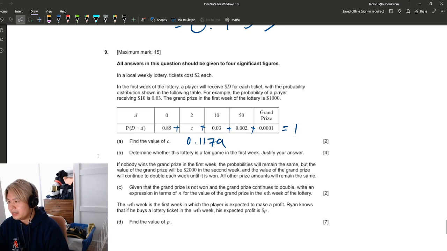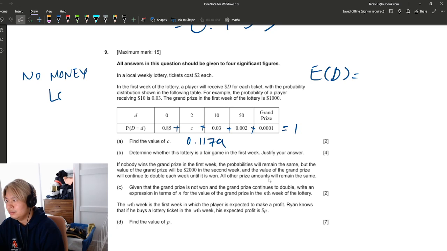Okay, next up, determine whether it's fair. So a fair game means that your expected value is going to be, well, first off, a fair game means no money lost or won.